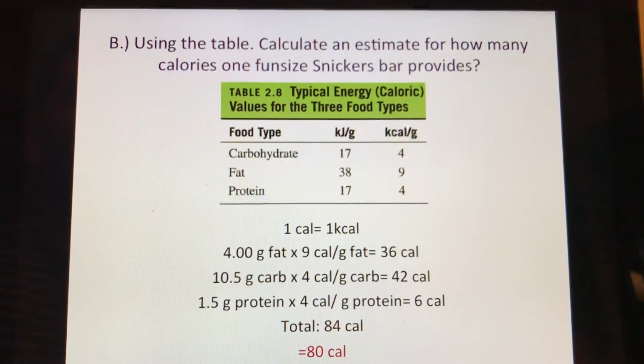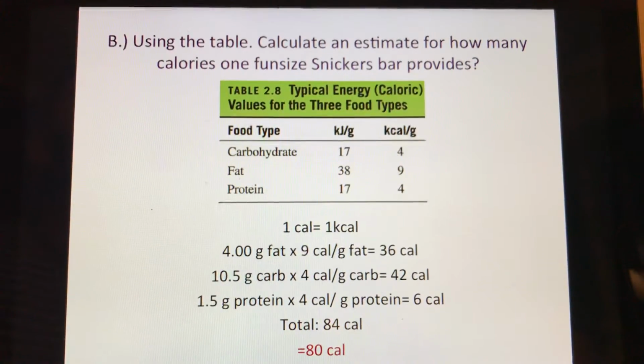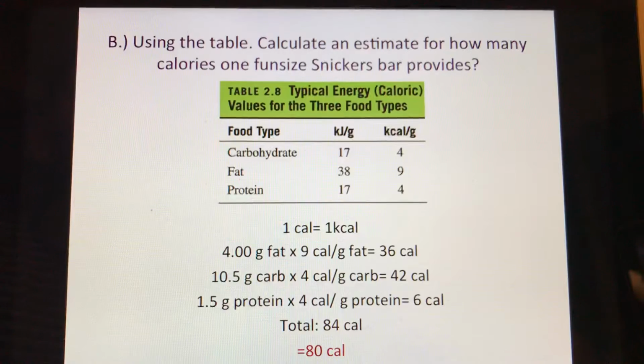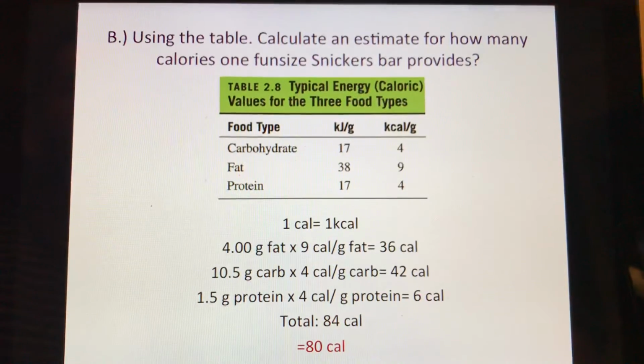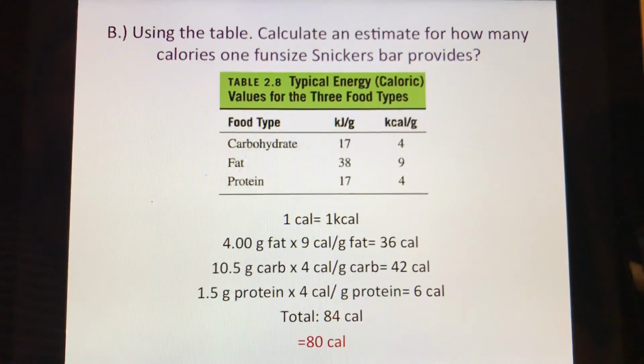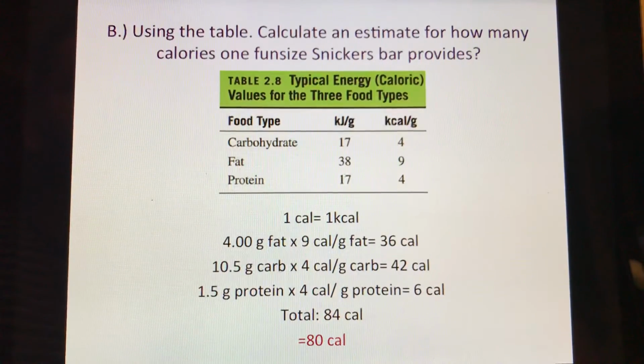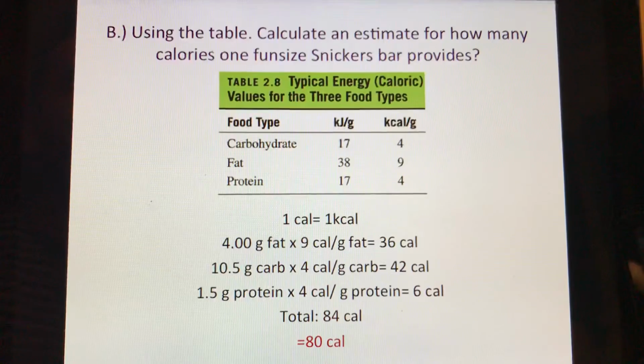Okay, using this table, we're going to calculate an estimate as to how many calories are in one fun-sized Snickers bar. Knowing that 1 cal is equal to 1 kcal, we're able to plug in these numbers.